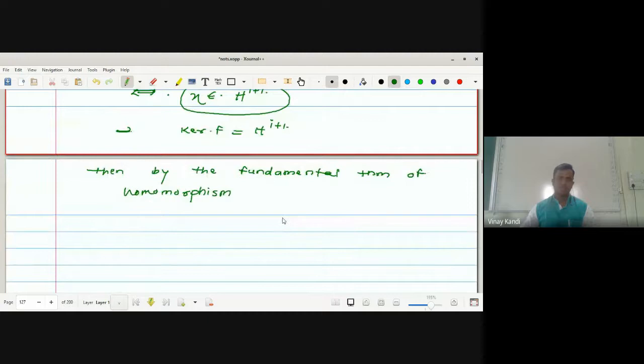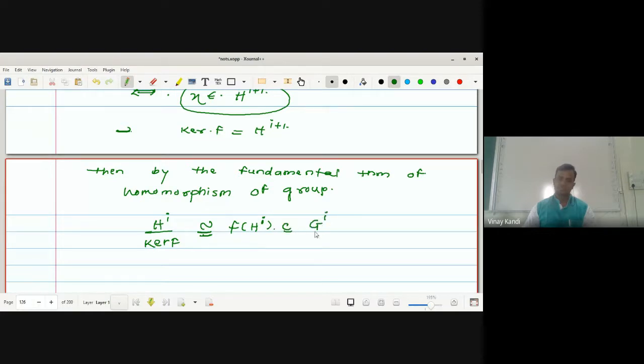So then by the fundamental theorem of homomorphism of groups, we have the domain upon kernel of f is isomorphic to the range set. What is the range set? Not the codomain, okay, the range set f of h raised to i. This is a subset of g raised to i upon g raised to i plus 1.